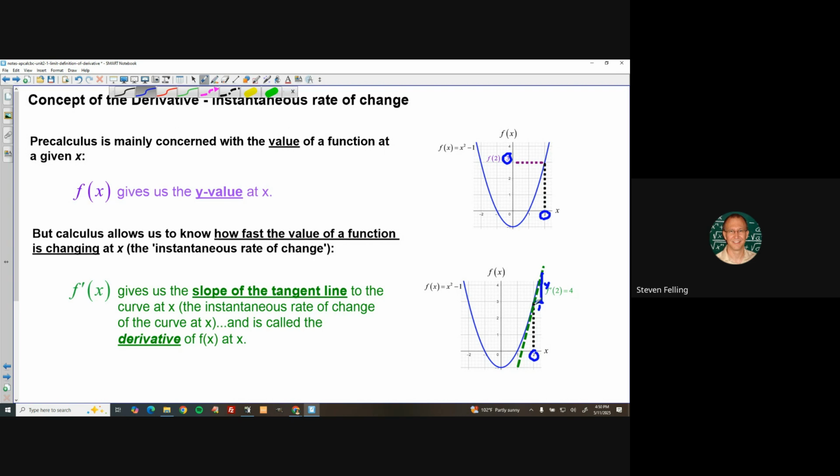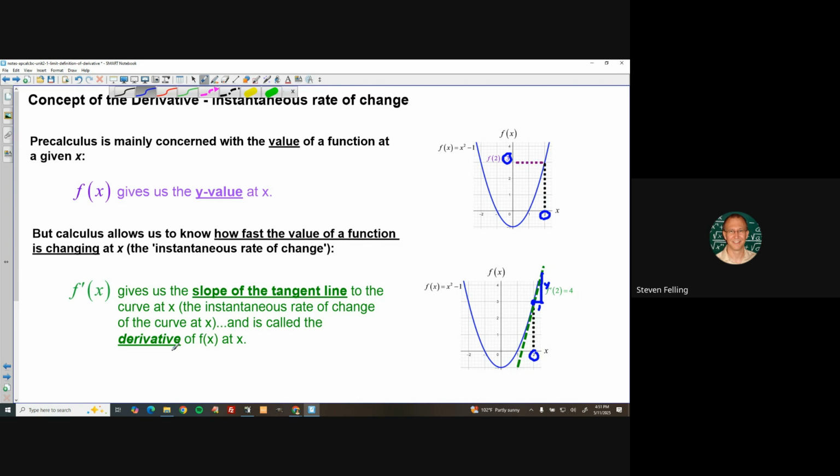Slope is defined for a line, but we can say that if you were to draw a line tangent to the curve that's touching right at that x value, the slope of that line, as long as it matches the same rate of change as the function curve, we could call that the tangent line. That'll be formally defined as the tangent line. And the slope of that line is what we define as the instantaneous rate of change of the function curve f of x at x is 2.